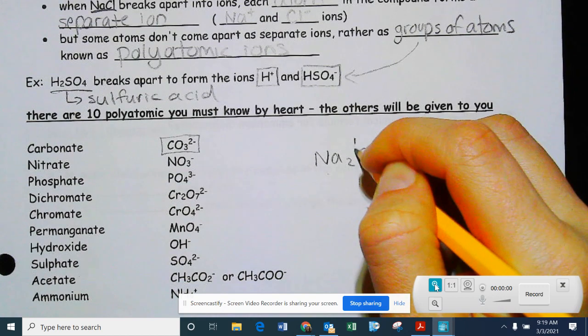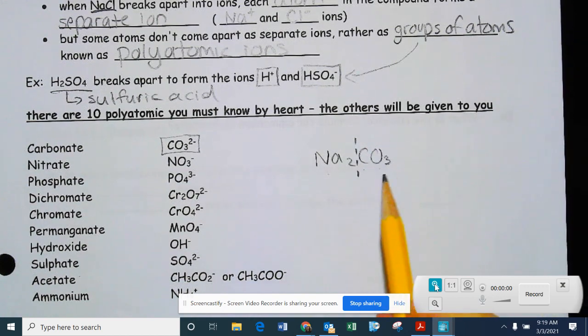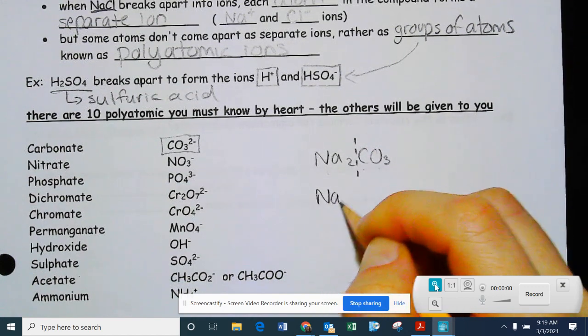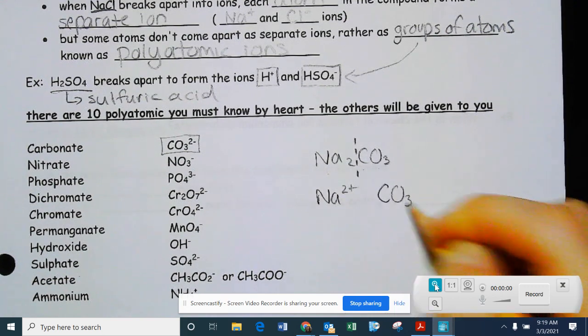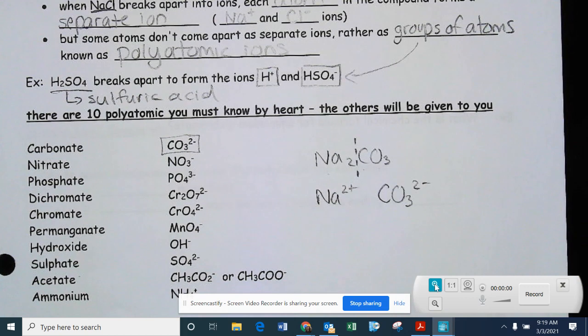When it splits, you're going to see sodium ions and carbonate ions. Generally that means you've got a polyatomic, and they're actually even easier to name than the ionic compounds, because you don't have to do anything with the endings.